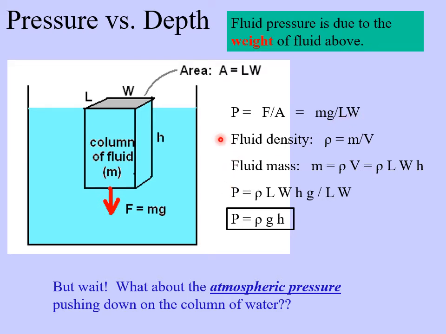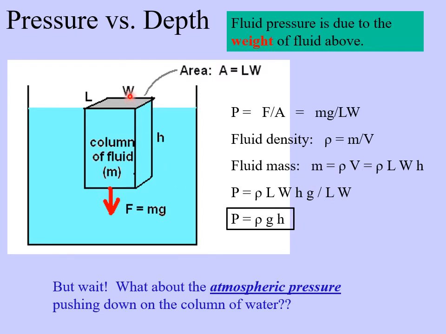Now, we're going to use the fluid density. Remember that rho is equal to the mass of the fluid inside this column divided by the volume of the column. Let's solve for mass.